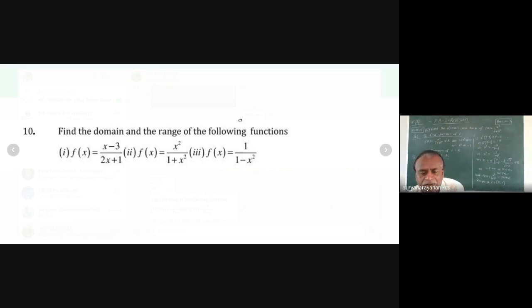See the next question, third one. f of x is equal to 1 by 1 minus x square.